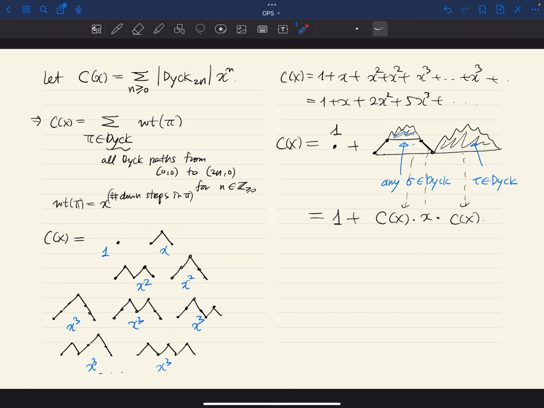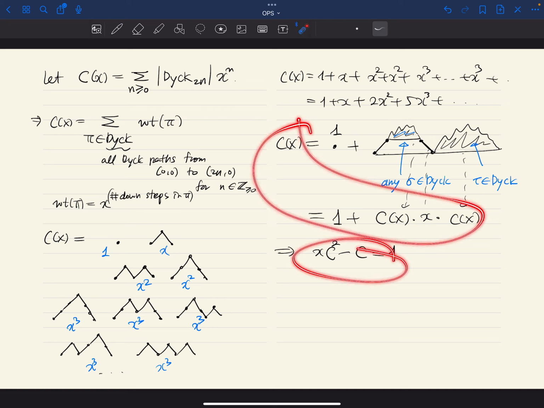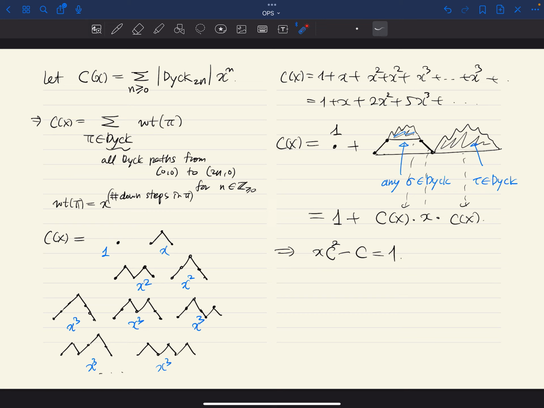Is this okay? So now we have an equation. Let's write c. We can rewrite this as x times c squared minus c plus 1 equals 0. Okay?